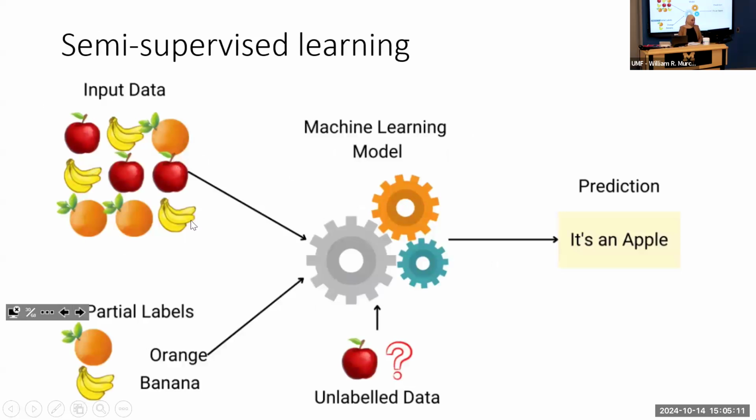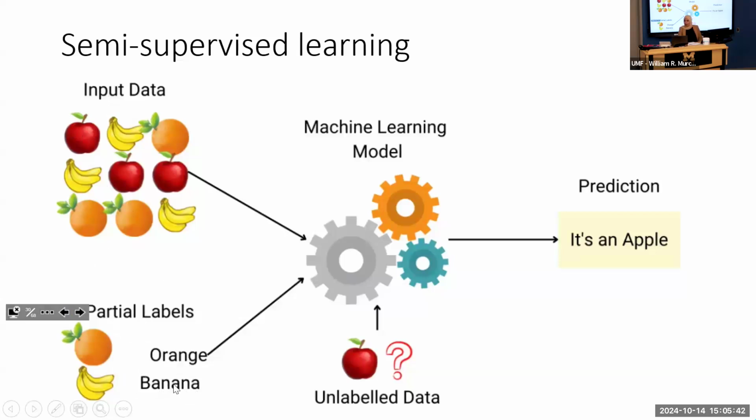For example, here I have this set of input data which corresponds to some fruits. Okay, when I see this, it's fruits. Now, I don't know what this one is. However, for this one, I can find it in the list of partial labels. I have it here, it's banana. This one, it's orange. However, this one, I have no idea what it is.